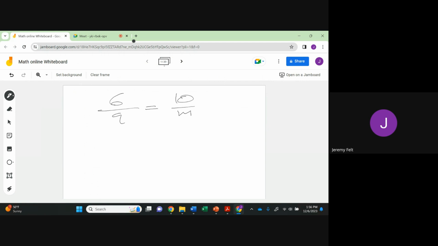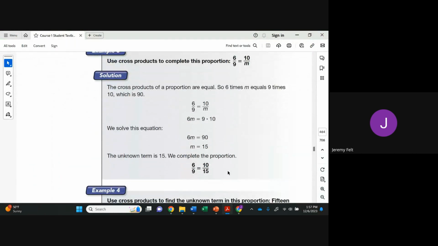They're equal. So we do cross multiplication, the cross product. So 6 times m, we just write 6m. 9 times 10 is 90. So we cross multiply, then divide. And we get 90 divided by 6, which gives us 15. So 10 over 15 equals 6 over 9.